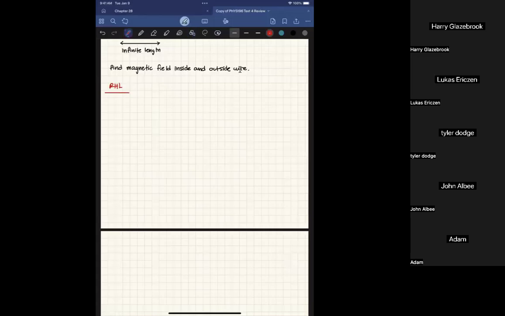The first thing is there's not 1,000 right-hand rules. There should only be two. The first right-hand rule you're going to use whenever you see charged particles with some velocity. The second right-hand rule you're going to use whenever you see current. So one of them's for charged particles, one of them's for current.